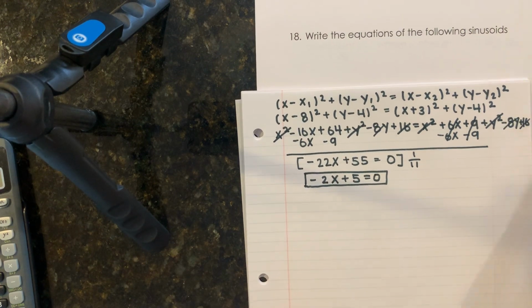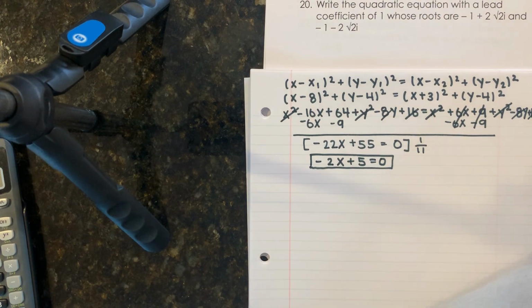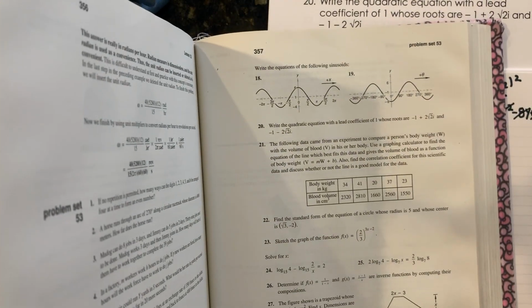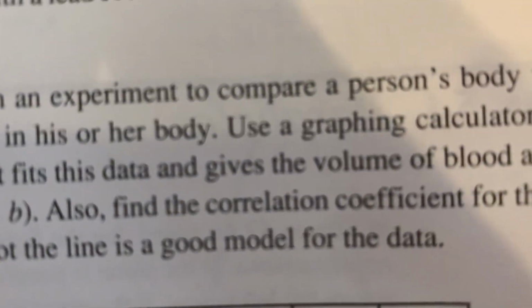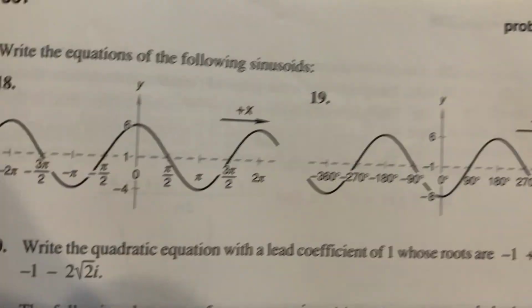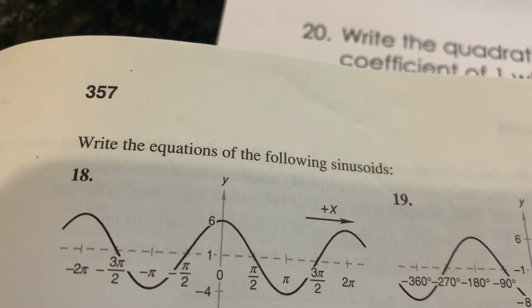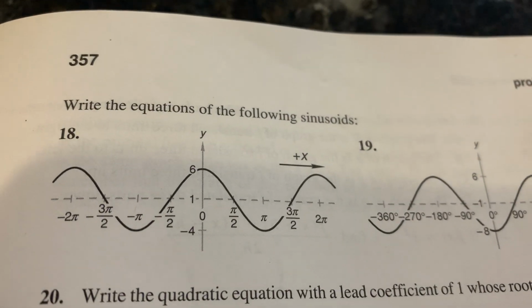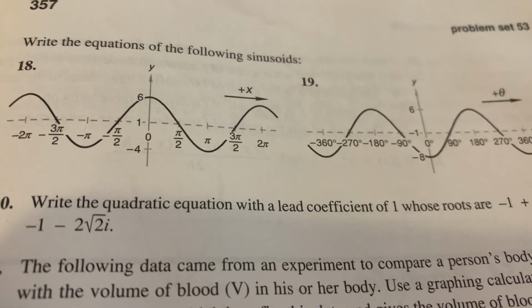So now we're going to look at numbers 18 and 19 on this lesson, and those are both going to be your two sinusoids. So what you need to look at here is we need to first determine what type of graph this is going to be. If I look at number 18 first, notice that it is peaking at the origin, which means that it's going to be either a positive or a negative cosine function.